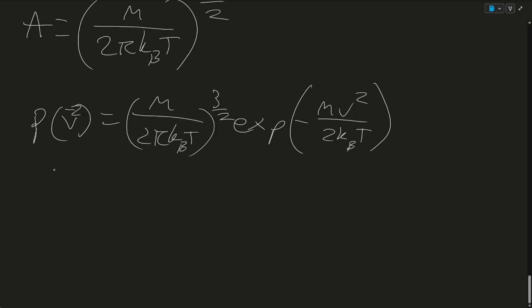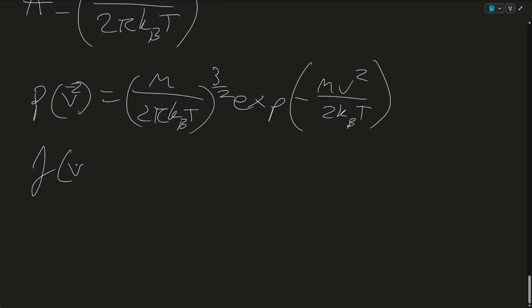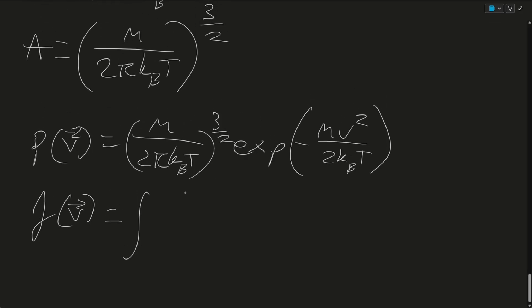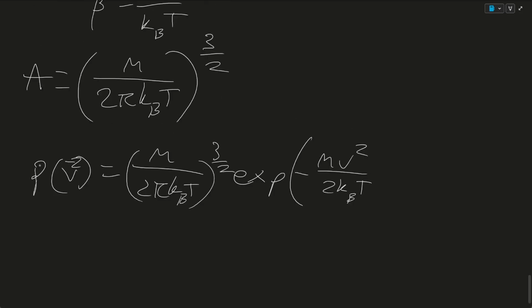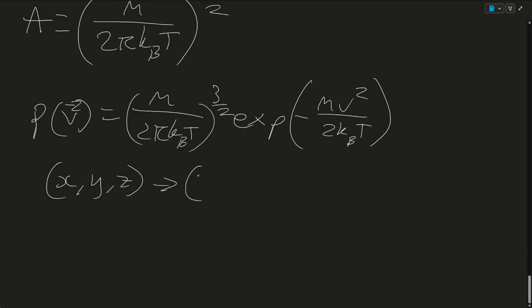So what we're going to do is define a new function f of v, which is obtained by, just as a reminder, the spherical coordinates here. We go from x, y, z to v, theta, phi.